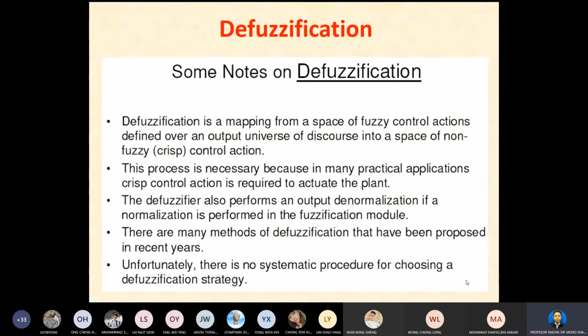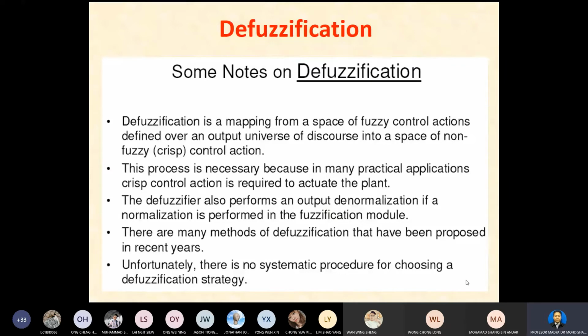Alright, so this is the last component of fuzzy logic, the defuzzification. As I mentioned to you, defuzzification is the mapping from the space of fuzzy control actions defined over an output universe of discourse into the space of non-fuzzy crisp control actions.